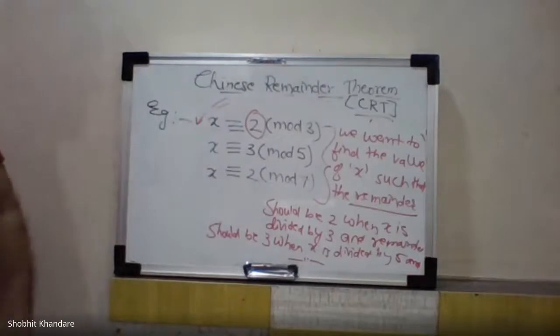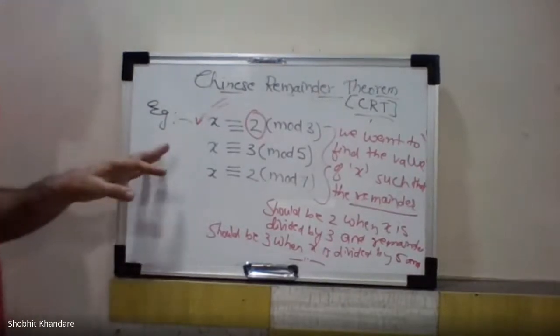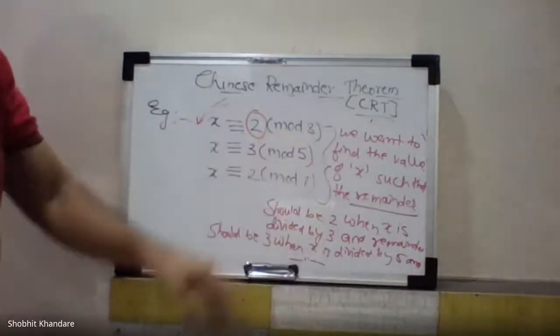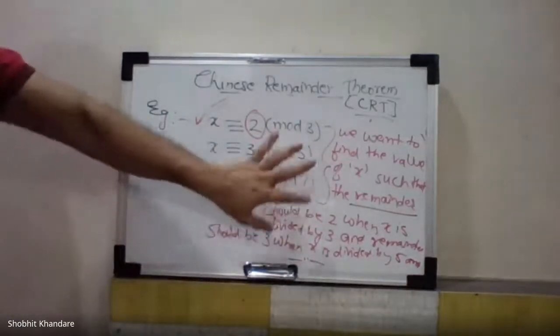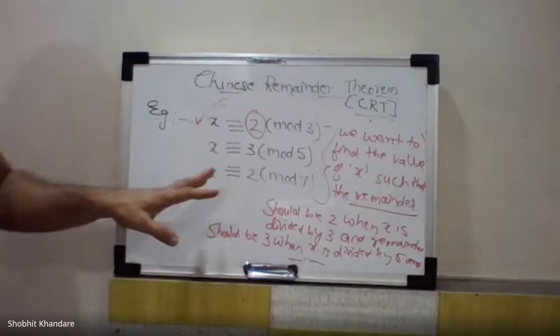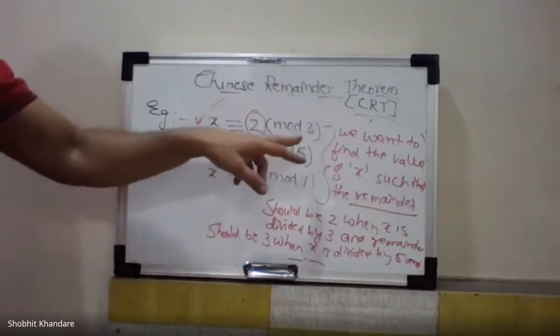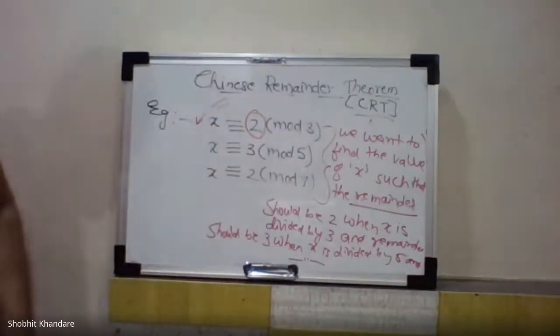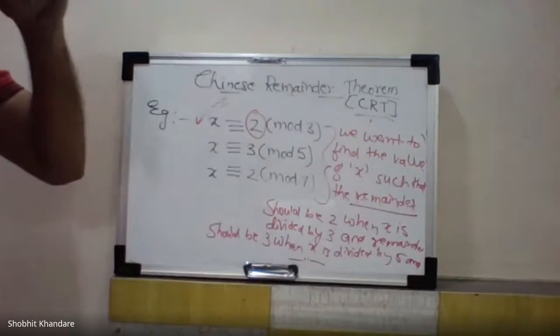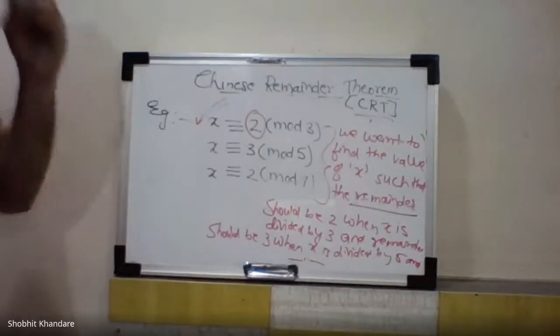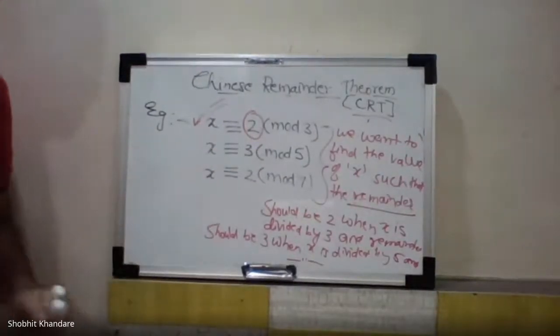Mostly the questions will be given such that they fall into co-prime numbers. They will not give a question where the numbers are not co-prime, then the question becomes wrong. They will give you the question such that these numbers are co-prime or relative prime numbers, that means their GCD is 1.